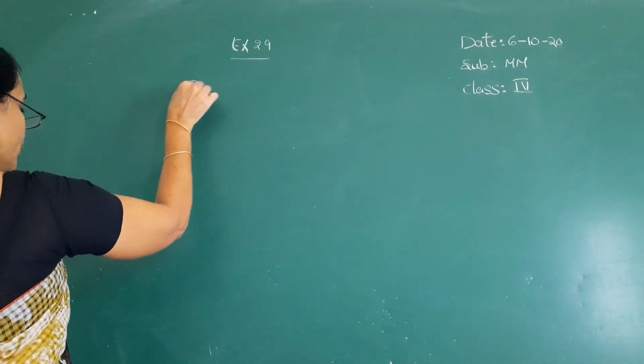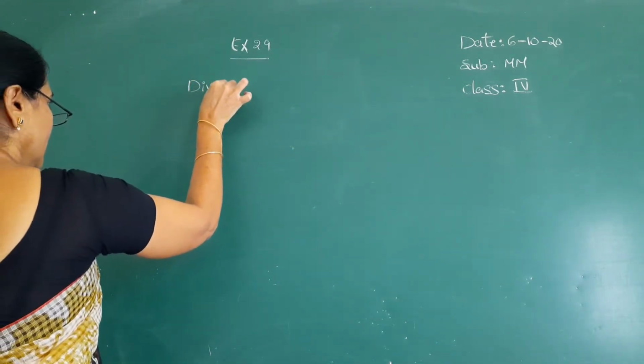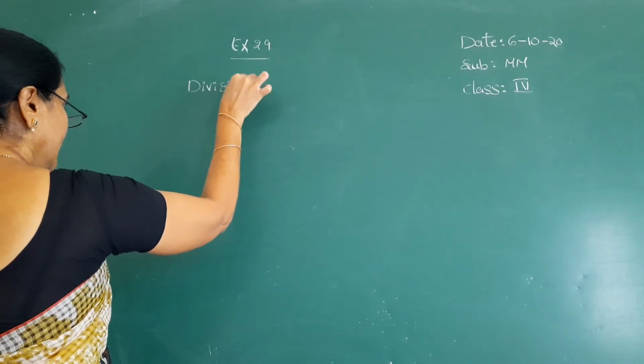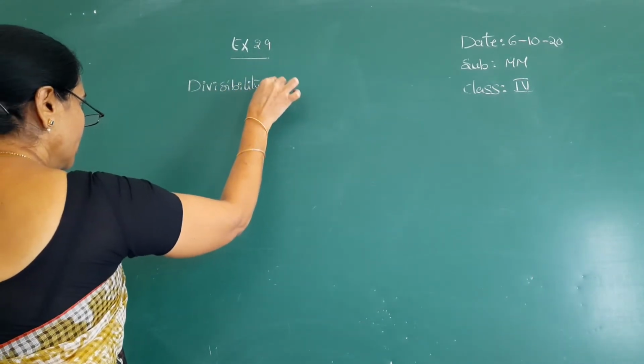Divisibility rule by 4. You do not need to do the division.